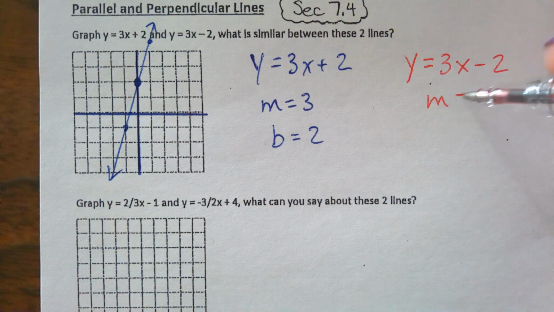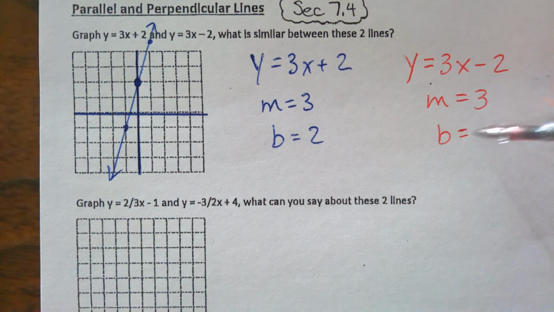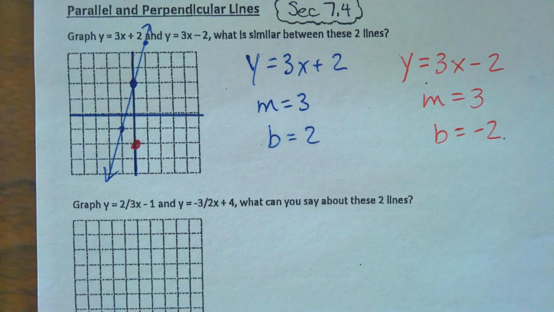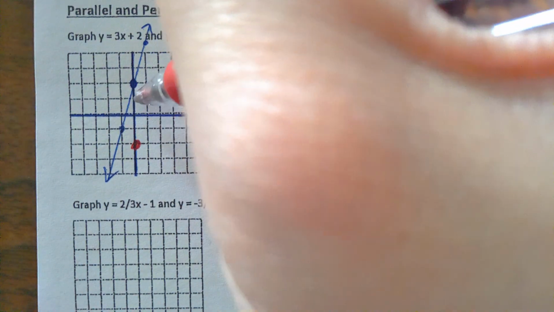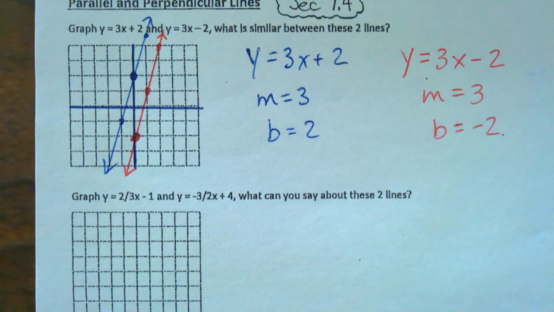My slope is 3. My y-intercept is negative 2. So y-intercept at 2, up 3 over 1, up 3 over 1. Notice how fast I drew the two lines. That's how fast you should be drawing your two lines on the assignment or test.